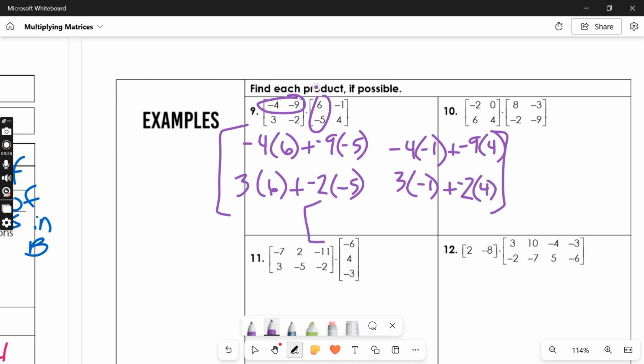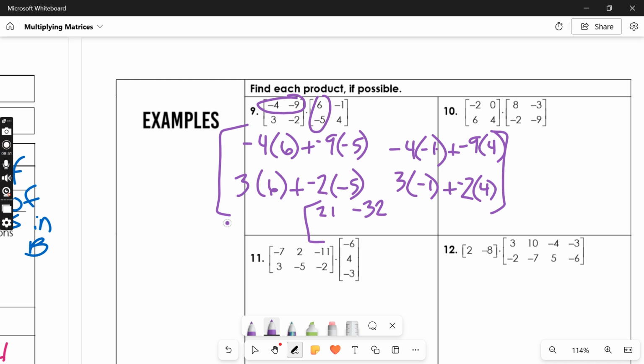So -4 times 6 plus -9 times -5 would be 21. -4 times -1 plus -9 times 4 would be -32.